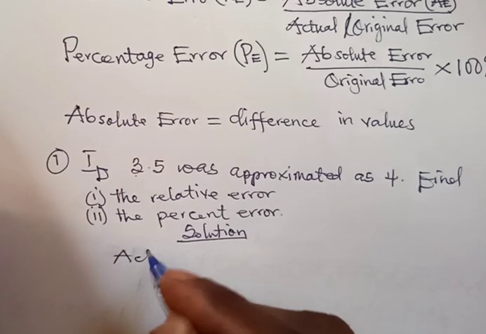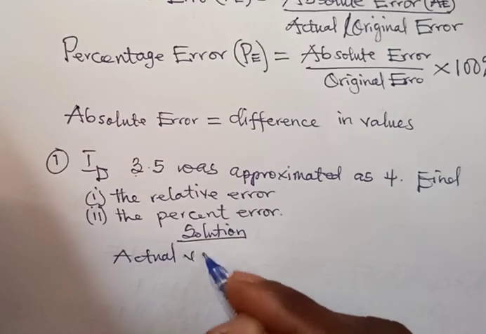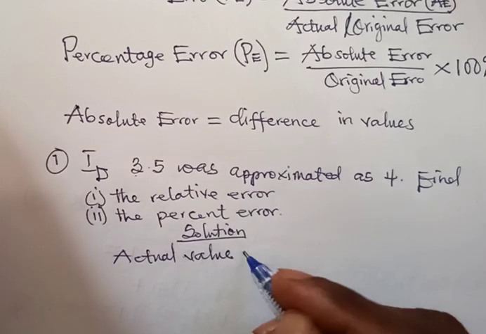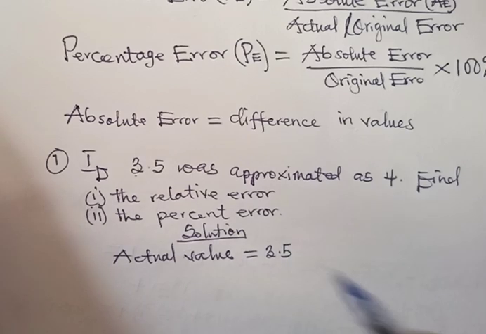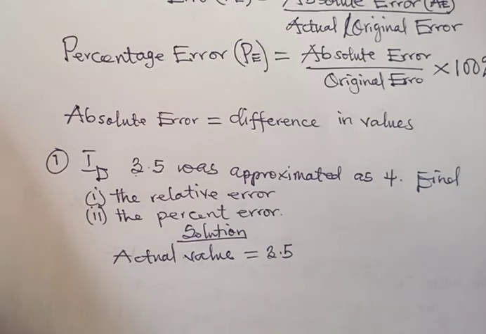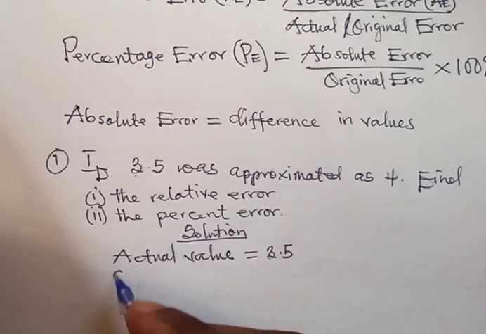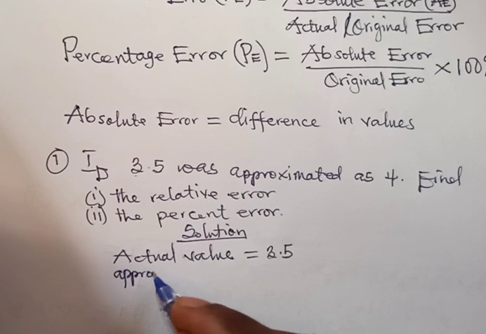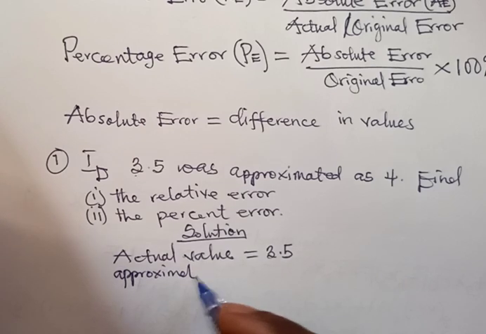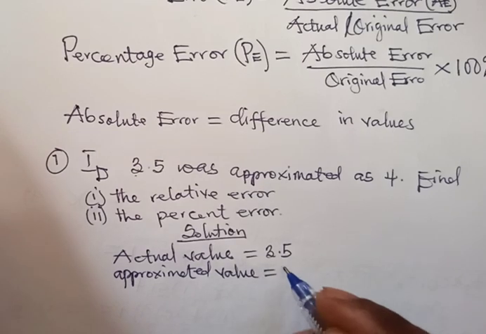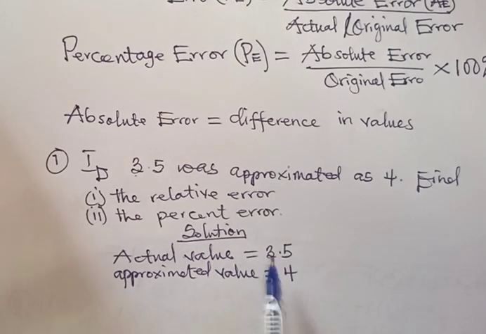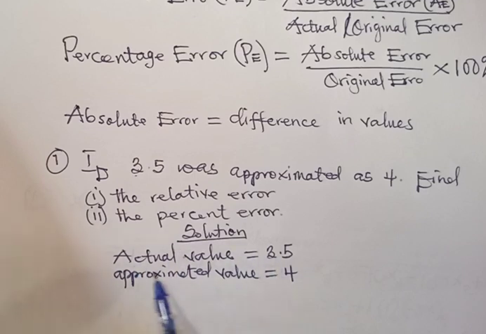So the actual value is equal to what? Not 35, 3.5. And the approximated value, or the estimated value, is given as 4. So we are only finding the absolute error. The absolute error, that is the difference.